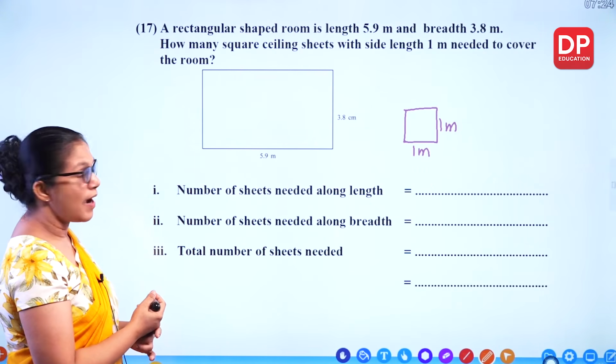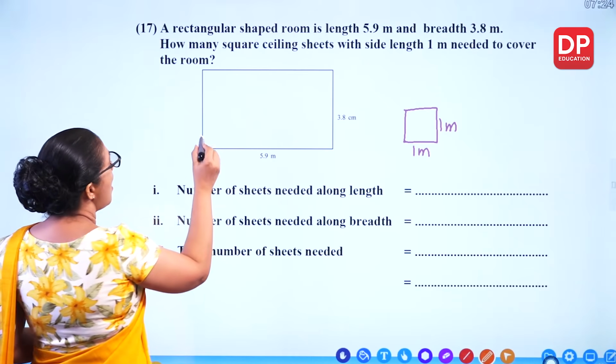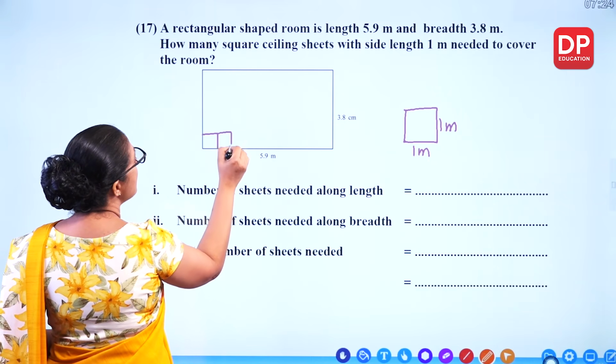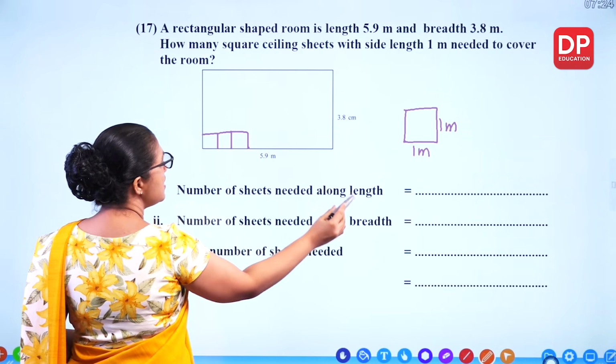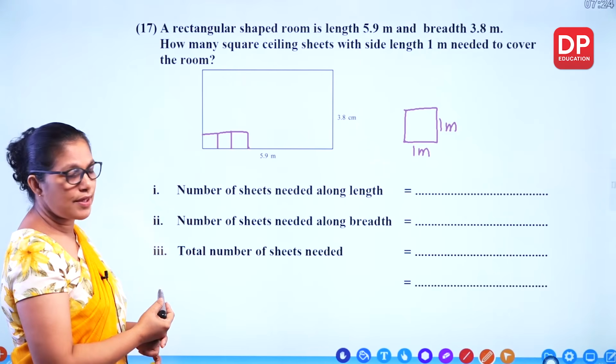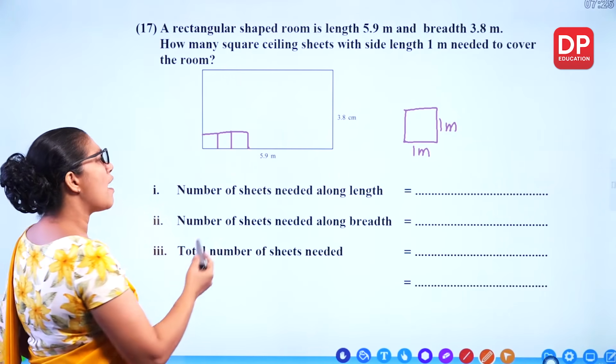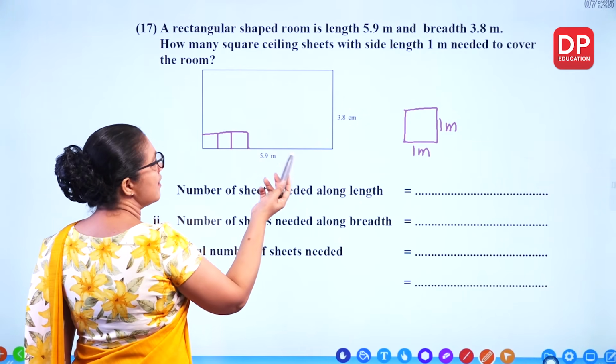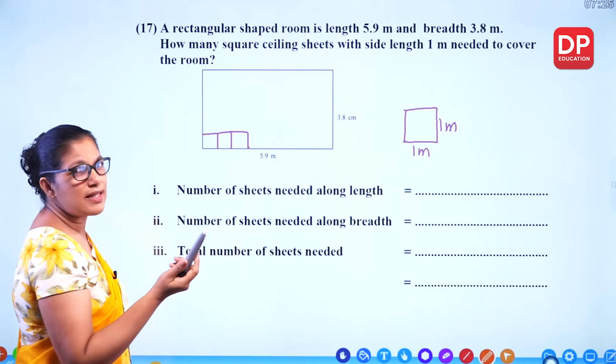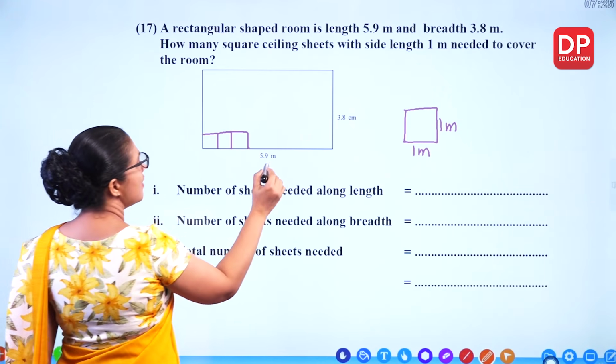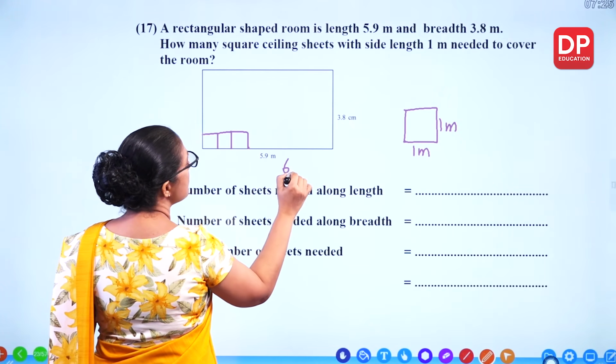So we can find out how many sheets you need along length. So here this is 5.9. You have to round it. So we'll take 6. When you round it, this is 6 meters.